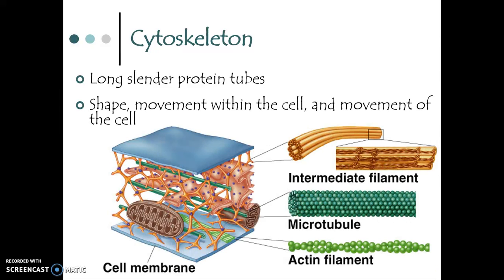The cytoskeleton. These are made out of protein. They're long protein tubes, and there are 3 types. They help provide the cell with shape and some movement. Now, in most pictures we look at of cells, it looks like there's a lot of empty space that's just filled up with cytoplasm. But that's actually simplistic. It's reducing it to make it something easy for us to study.